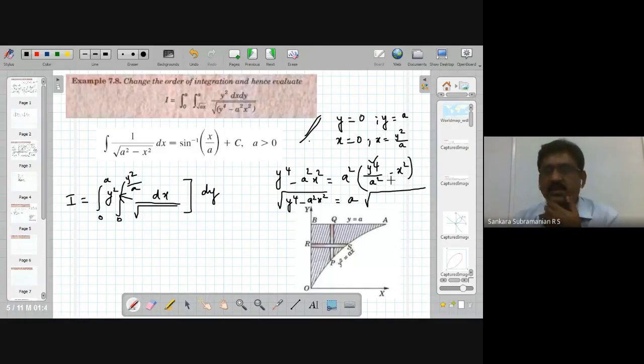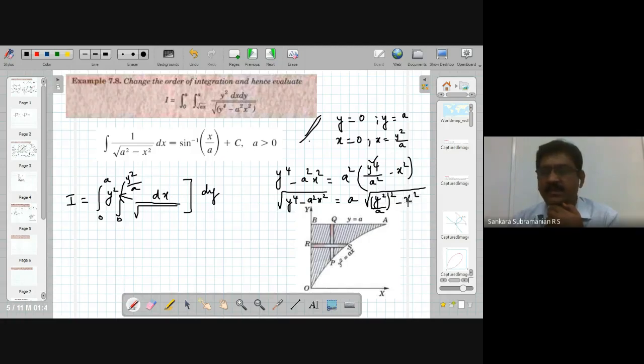We must write it as a whole square: y square by a the whole square. Good. Therefore it becomes y power 4 by a square minus x square.